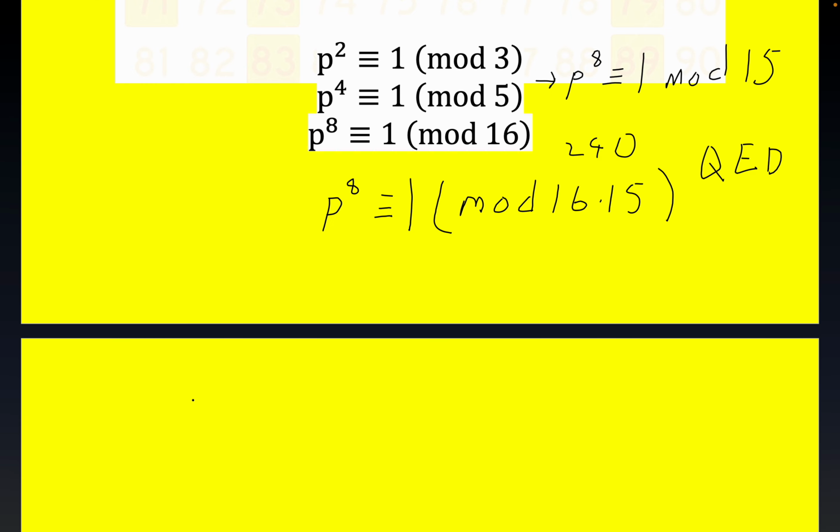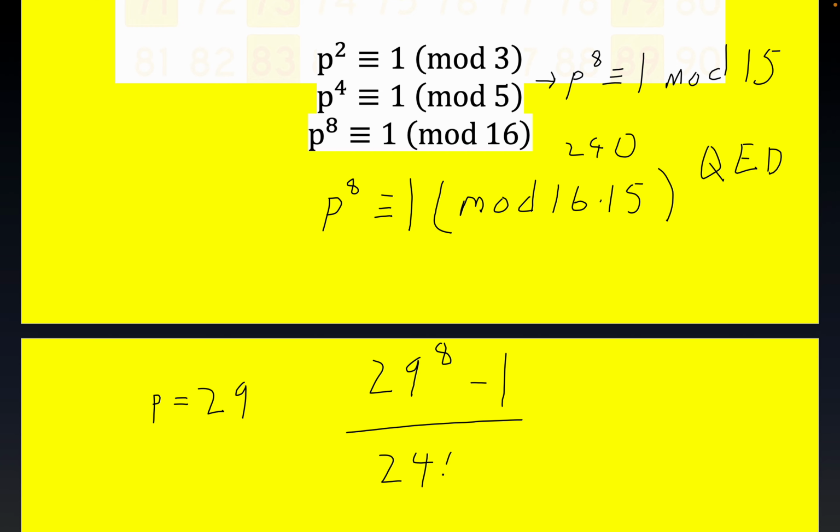Now, just a little bit of insight on what you've just done. If you pick some prime, I'll just make up a prime, let's do p is equal to 29. That's a prime number, right? What this really means is that 29 raised to the 8th power minus 1, divided by 240, has a 0 fractional part.